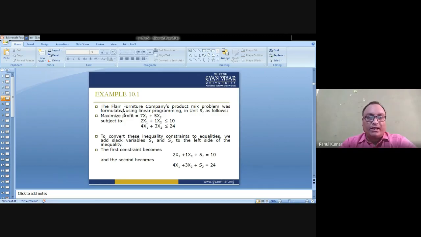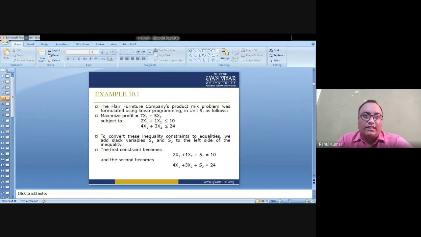The maximum profit function is Z equals 7x1 plus 5x2, subject to these two constraints: 2x1 plus 1x2 less than or equal to 10, and for the second, 4x1 plus 3x2 less than or equal to 24.